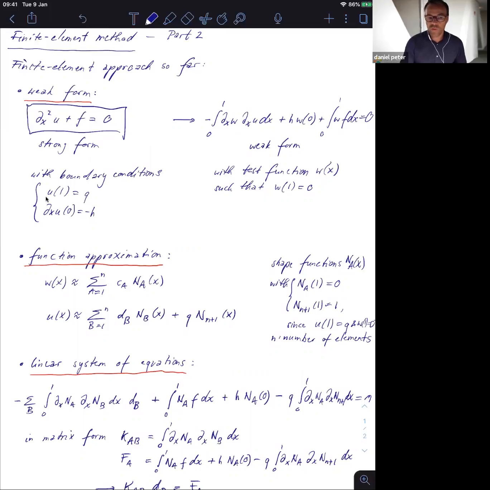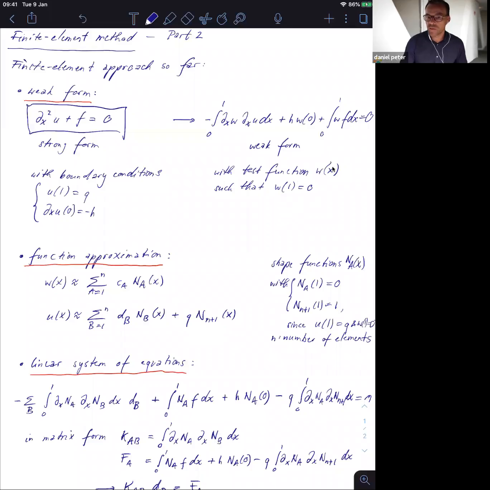The boundary at 1 is a Dirichlet boundary, the boundary at 0 is a Neumann boundary. When we consider these boundaries, we find the weak form on the right side. Here you have the term with h times w at 0. That comes from the boundary.